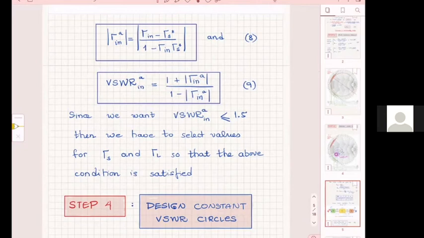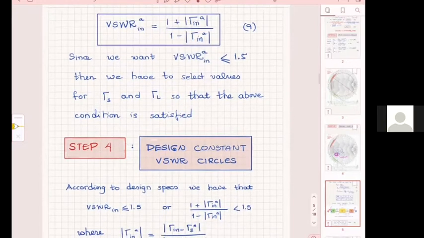Okay, so the system designer comes to you, and you are designing this low noise amplifier, and the person in charge of the system tells you, you know what, I need 1.5 VSWR. Anything more than that is not going to go into the system. So you have to design it for 1.5.